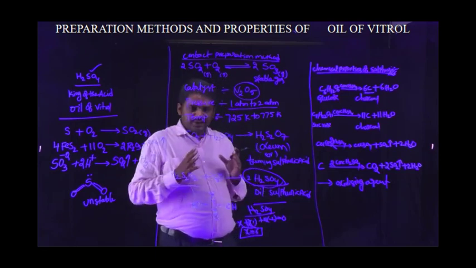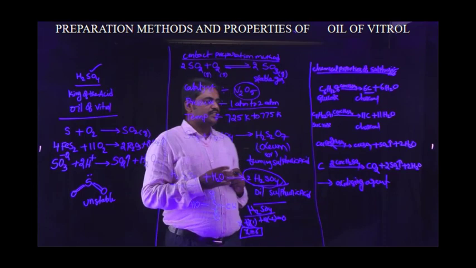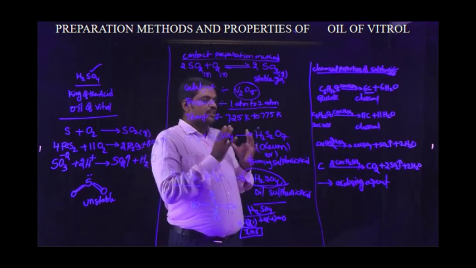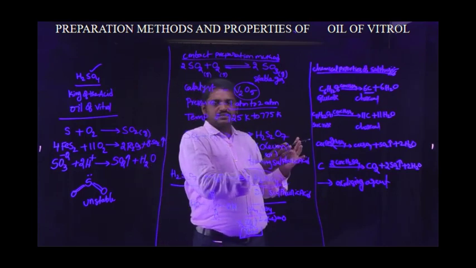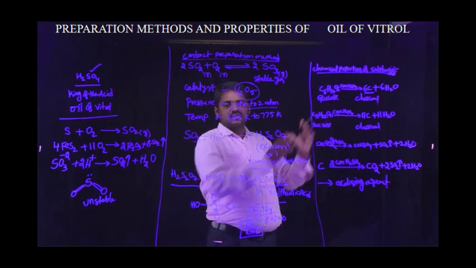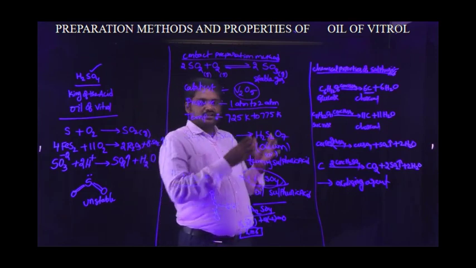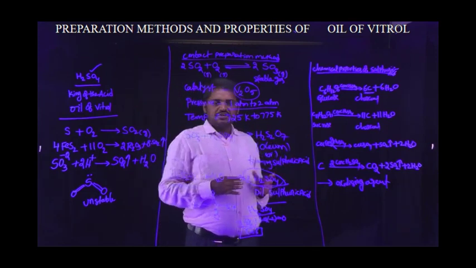Next one, copper is a metal. Copper reacts with concentrated sulfuric acid in the ratio of 1:2. The copper is converted to copper sulfate, and sulfur dioxide gaseous molecules and water molecules are liberated. Next one, carbon. Carbon reacts with concentrated sulfuric acid in the ratio of 1:2.